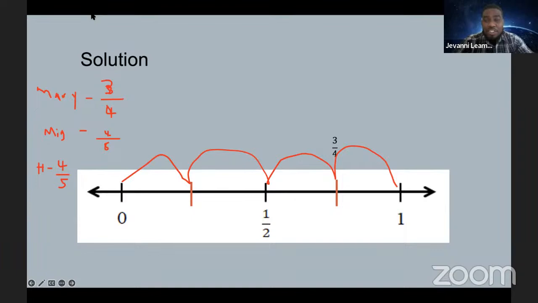Mary. You can see that the denominator of Mary is going to be 4. So this right here, when I reach the third jump, is going to be Mary's distance in the race at that moment in time.